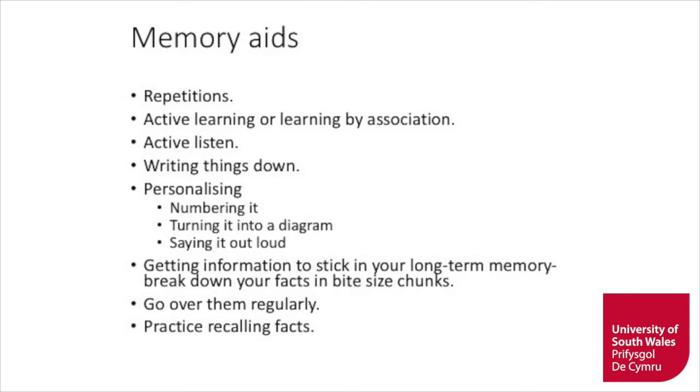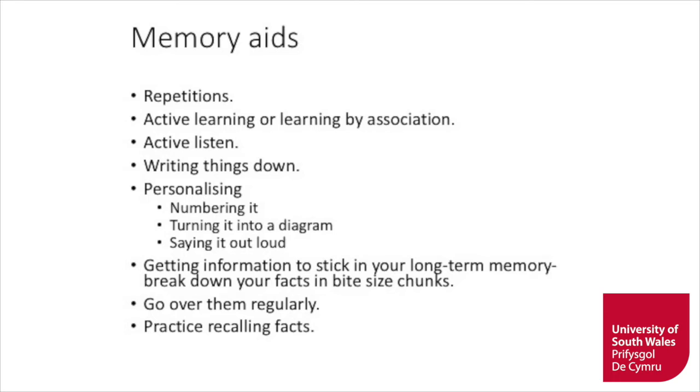Okay, so to conclude this little session on memories, or memory aids, it's really important, it's around repetition, so repeating and recapping the key information. Revisiting it. It's around active learning or learning by association, so being involved in that process, coming up with strategies to remember that. It's around active listening, so we're not switched off, we're engaged in the material. It's about writing things down, but it's also about personalising it.